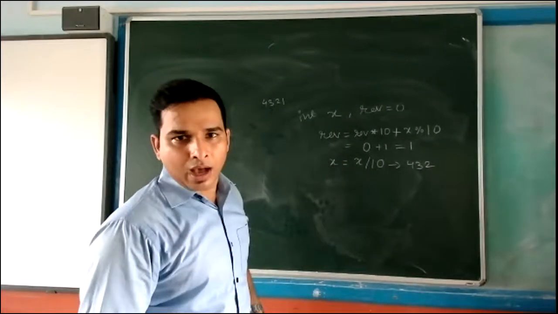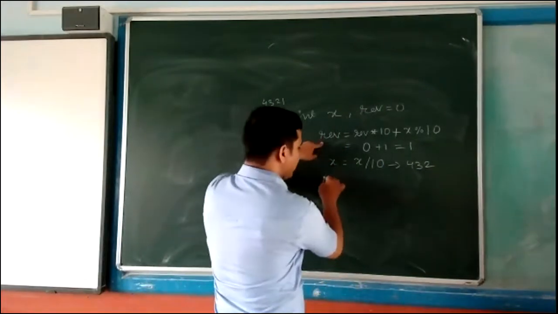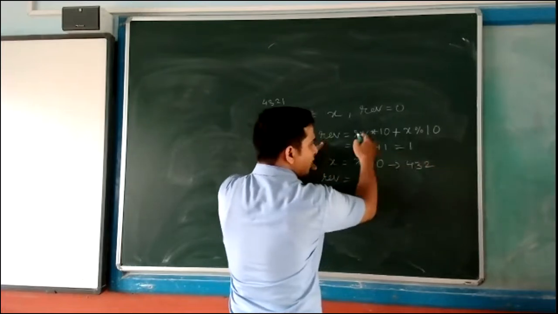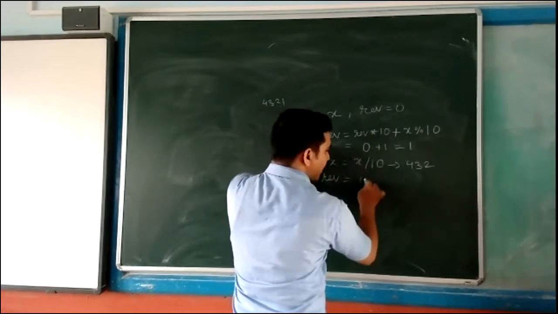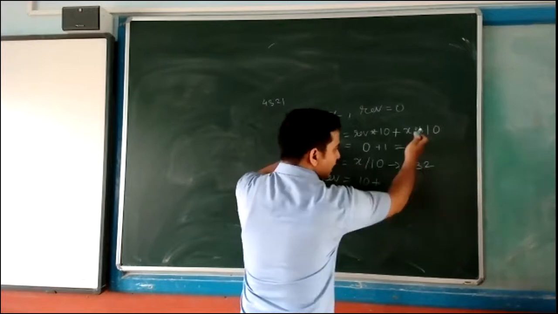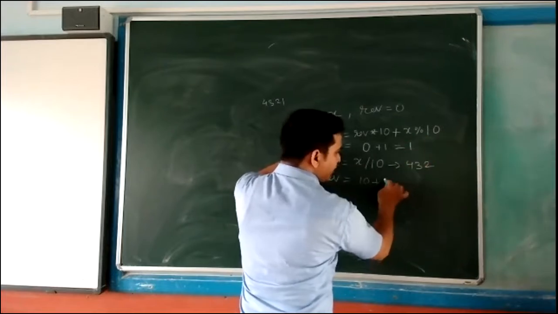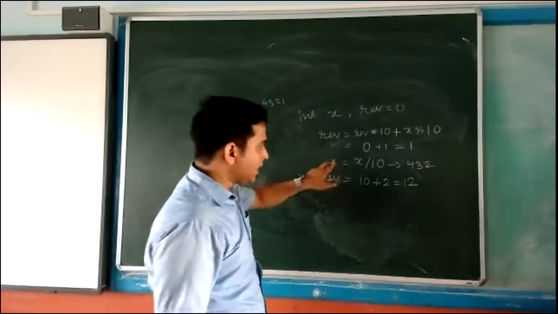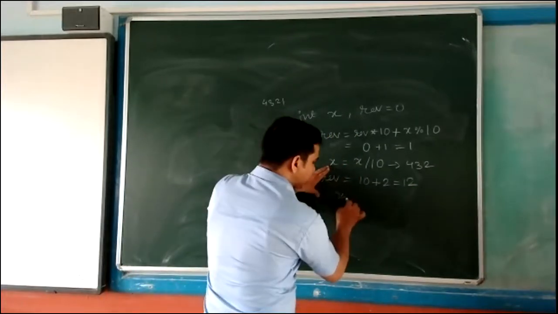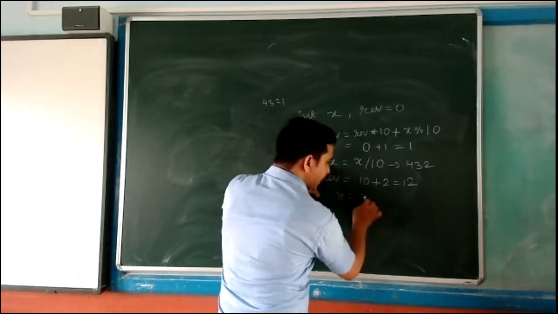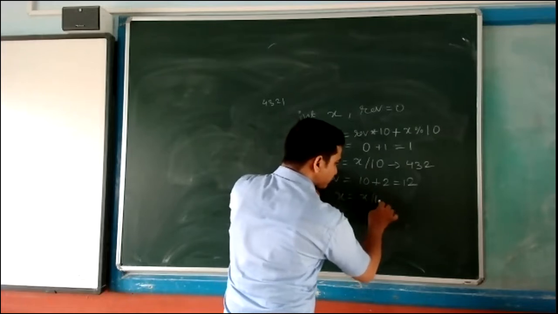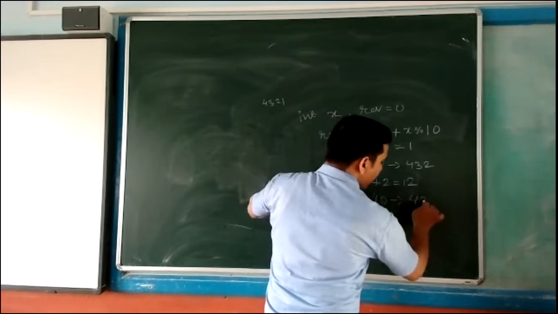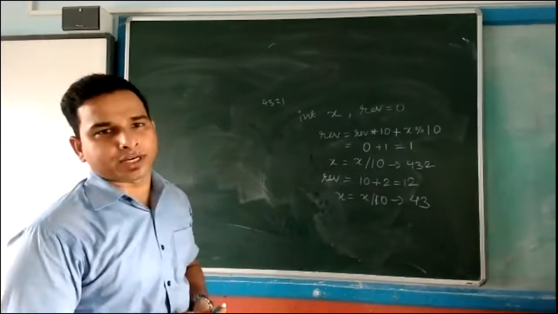Updated value. Again we have to follow this formula. Reverse equals, initial value now 1, 1 into 10 is 10, plus 432 modulus 10, the remainder will be 2. So the answer will be 12. Now again I have to update the value of x, that is x divided by 10, 43.2, so the new number will be 43.